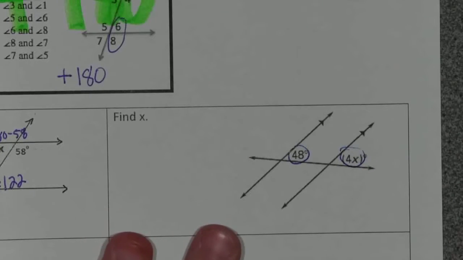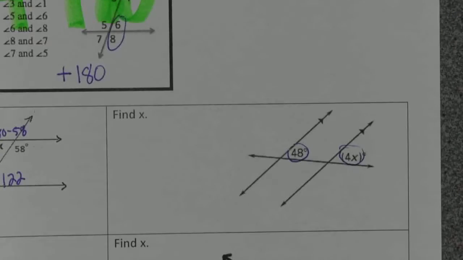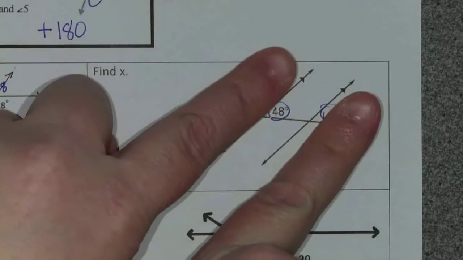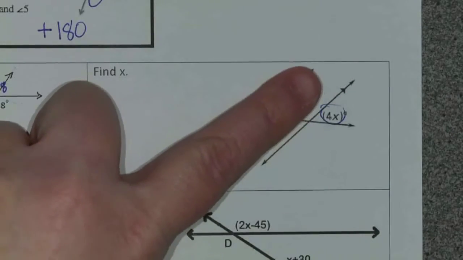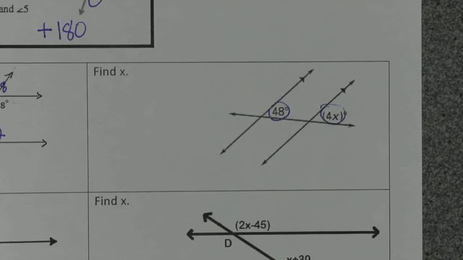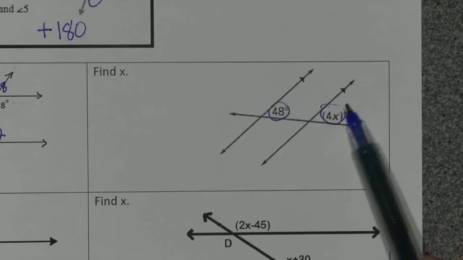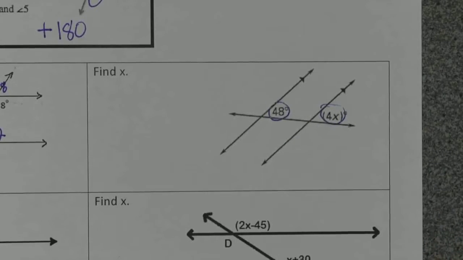All right, help me find the relationship between these two angles. Are they alternate interior, alternate exterior, consecutive, corresponding? What are they? Okay, so one's inside the parallel lines and one's outside the parallel lines, so they can't be that. Anybody got another guess? What about if you look at their position on the cross? Upper right-hand corner, upper right-hand corner.